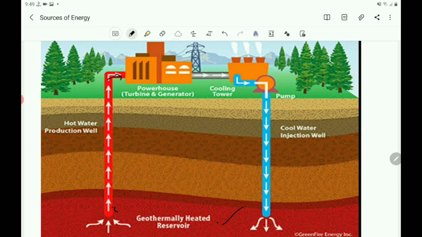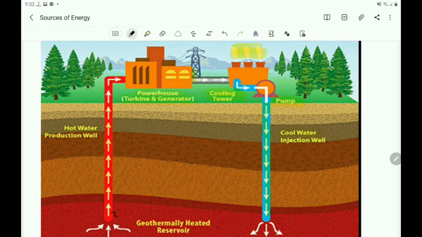This can be utilized to turn the turbines and generate electricity. At some places, steam and hot water find their way through large cracks between rocks and serve as natural geysers.